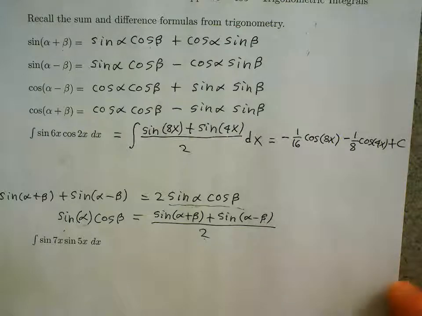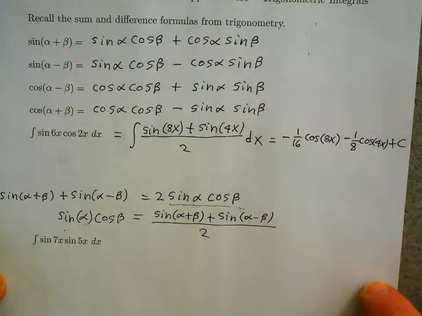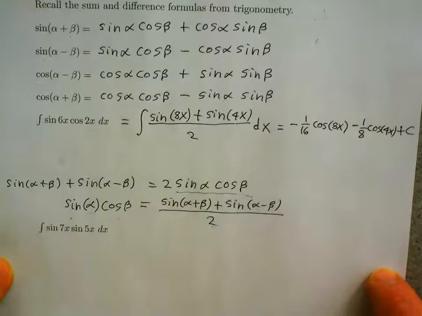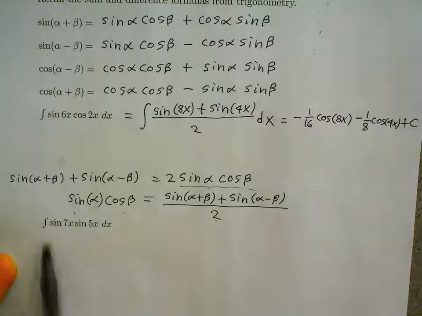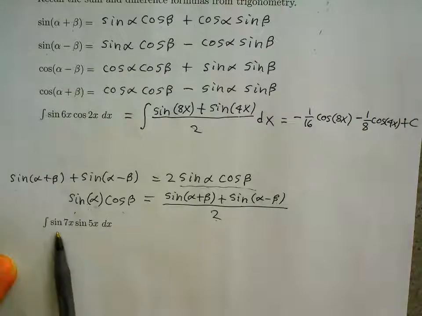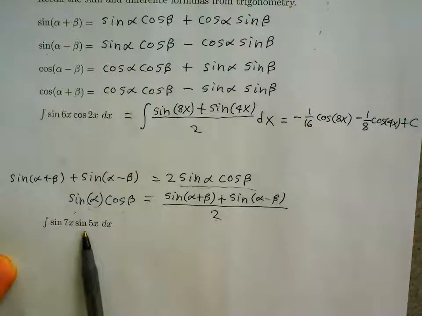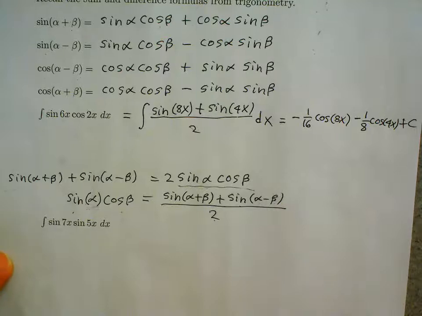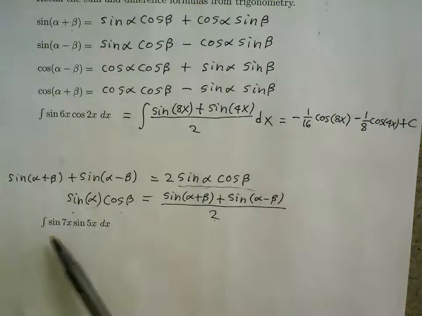Okay, let's try the next one. The next one we want to evaluate is the indefinite integral of sine of 7x times sine of 5x. So this integrand is the product of two sine functions.